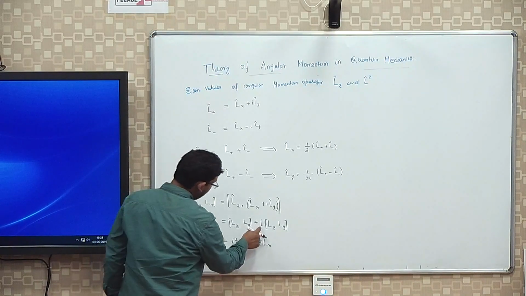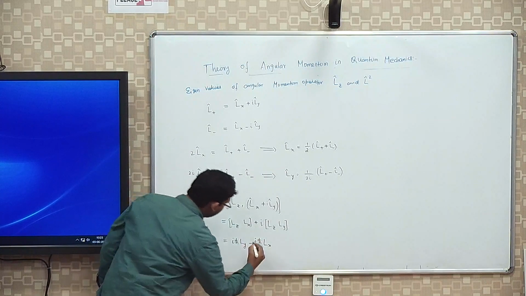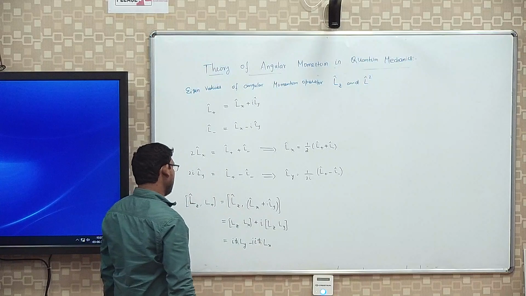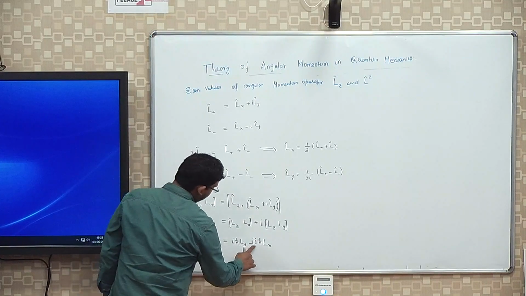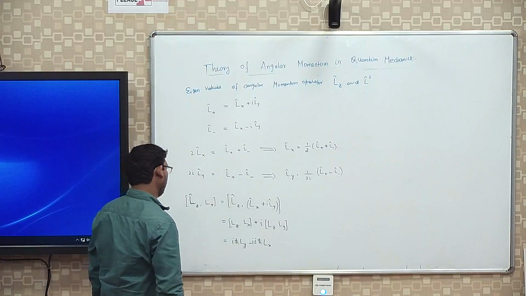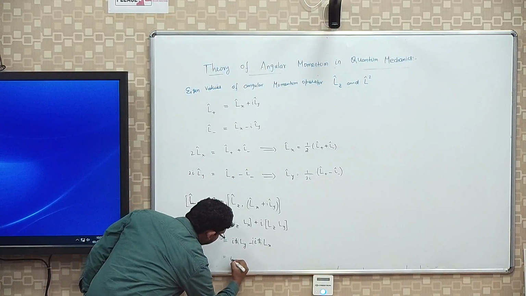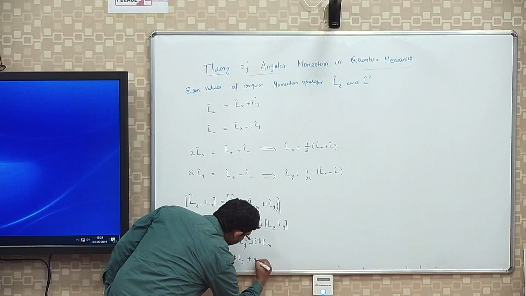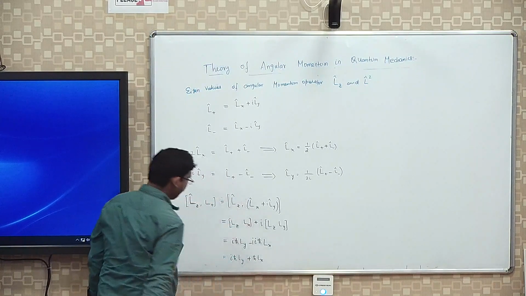One i is also there here, so put that also. So i squared will be the negative sign, so it will give you i h cross Ly plus h cross Lx.